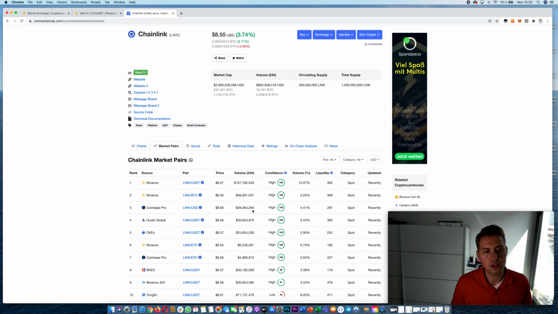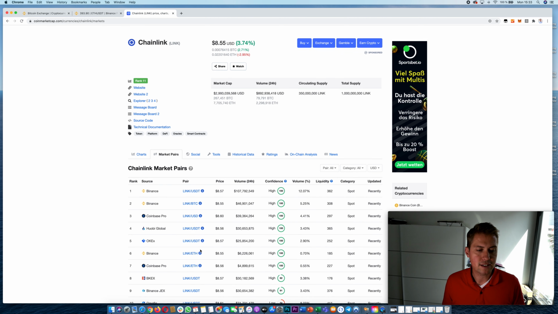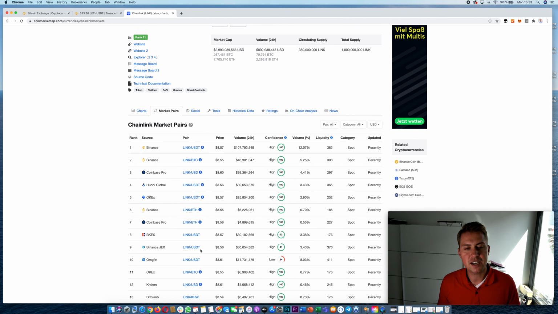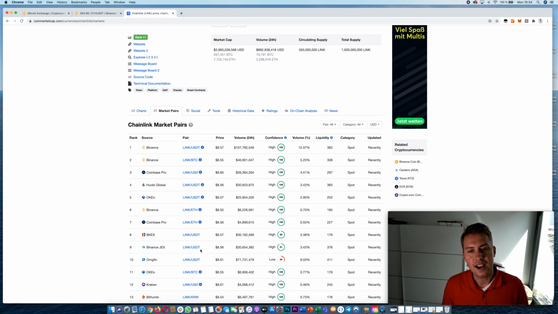So it's way more than on Coinbase, for example, or any other exchange here. The biggest advantage is that with high liquidity, you can easily leave a position and open a position without adjusting the price too much. So you get the best price if you trade on a highly liquid market.